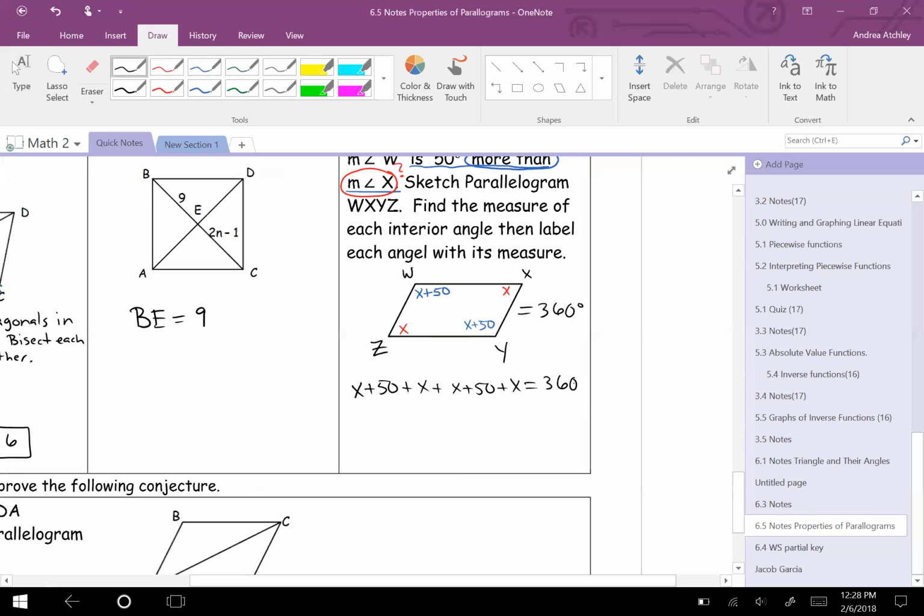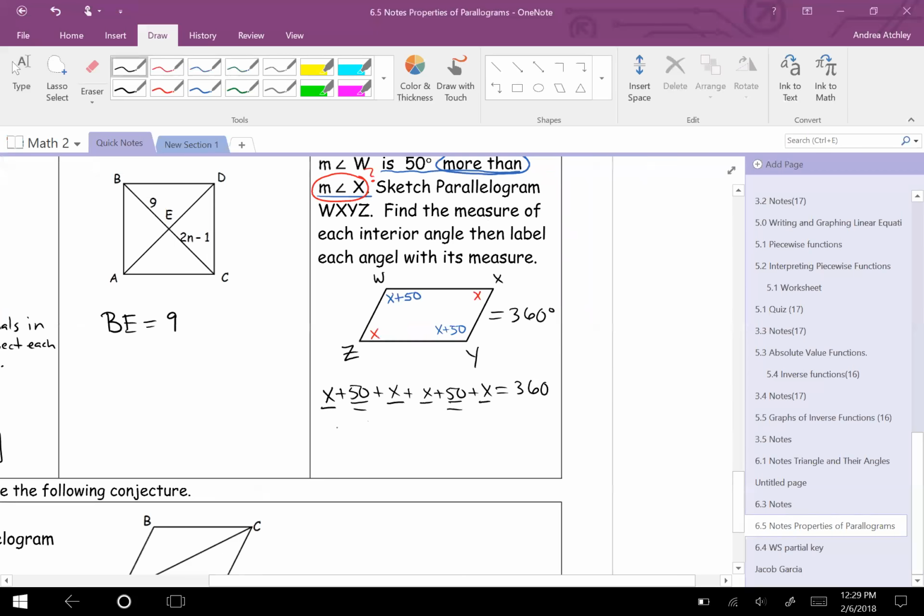We can do it another way too. Because we also had the other property here, that consecutive angles add to 180. So I could have just used two of my angles equal to 180, but this will work as well. So I'm going to combine my like terms. X plus X plus X plus X is 4 X's, and 50 plus 50 is 100.